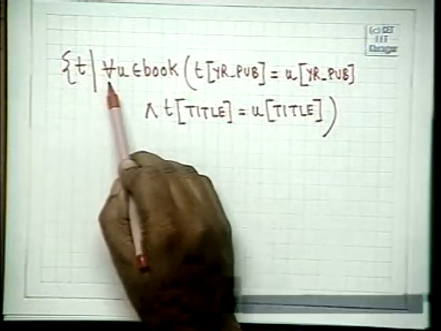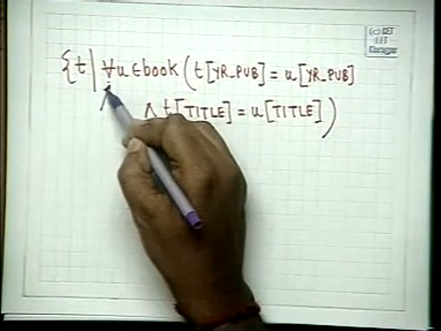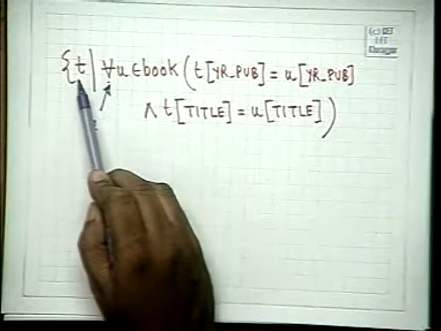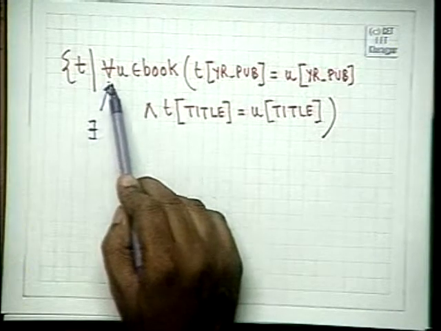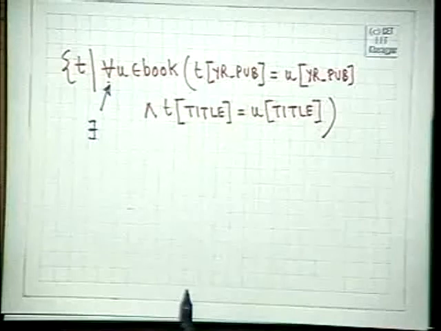If I had replaced this by there exists, it would mean that for every tuple in T, there may exist some tuple in book such that the year of publication and title is same. So I'll just select out the year of publication and title.